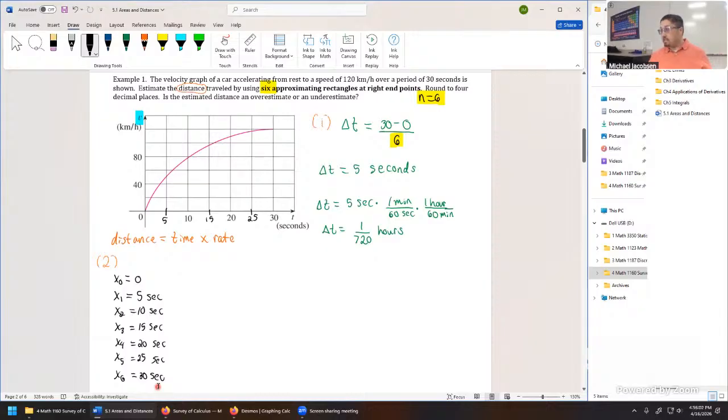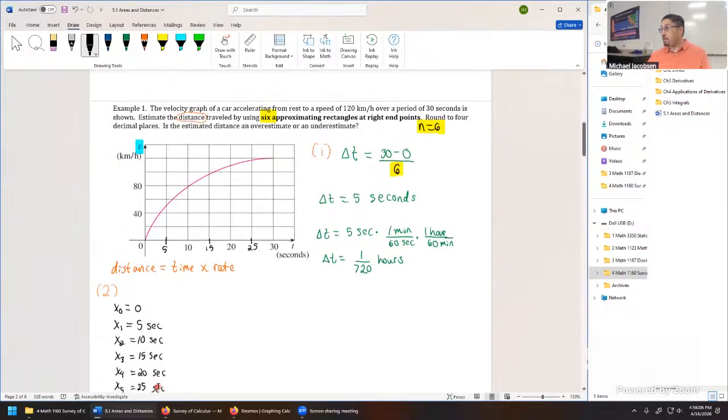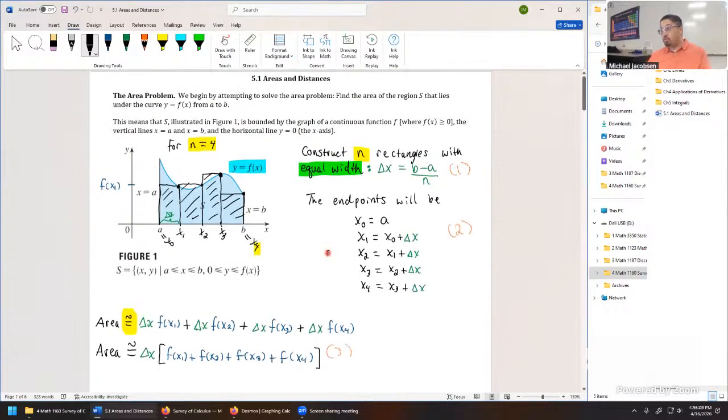And now, in view of what we did on the last graph, let's take a quick peek at that last graph. This was right endpoints. Right endpoints meant the height of the curve was at the rightmost endpoint on every one of these rectangles. So these are all right endpoints.